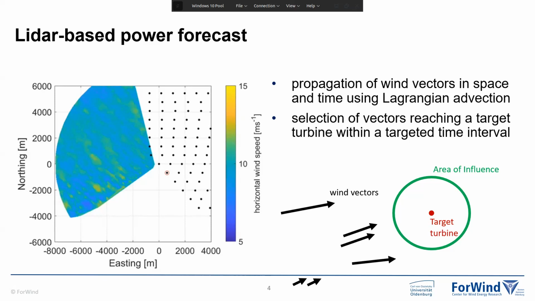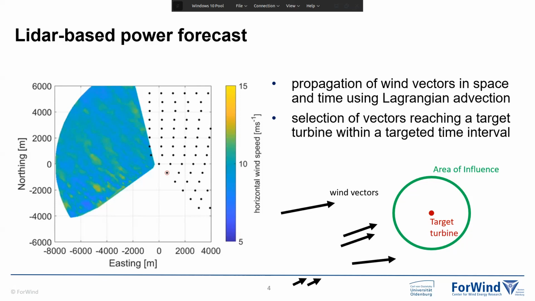Then we had this area of measurement points, as you can see on the right-hand side in this example plot. For each measurement point, we then use the Lagrangian advection. Each point or each vector has its local wind speed and wind direction, and we propagated this in time. To simulate this shortly, I've plotted some wind vectors and an example wind turbine in red, and the area of influence we consider for that specific wind turbine.